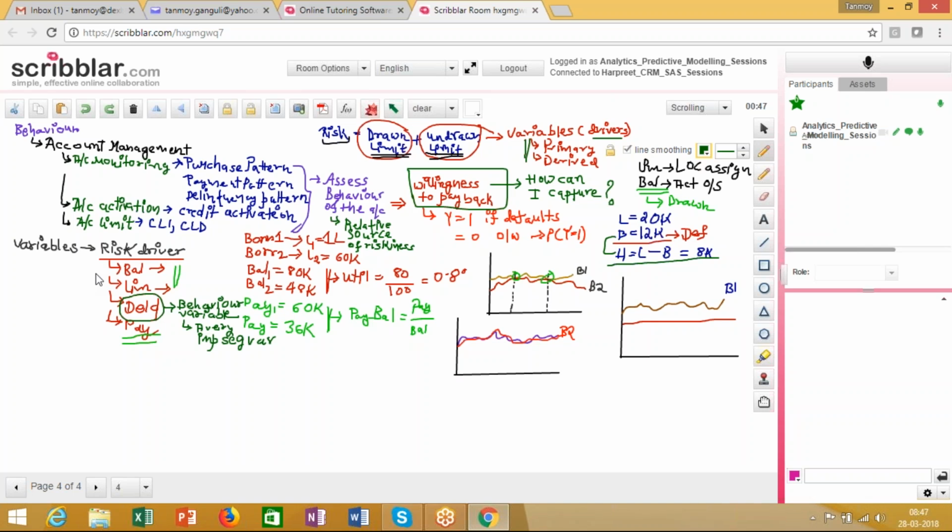Just suppose I'm standing today, the 28th of March, and you are given 100 accounts, and you are asked to divide them into more risky and less risky accounts.